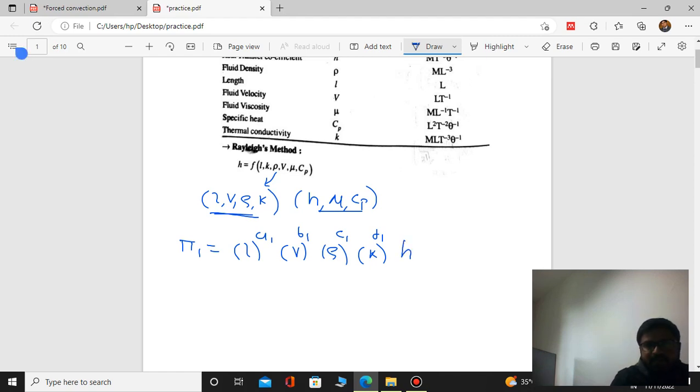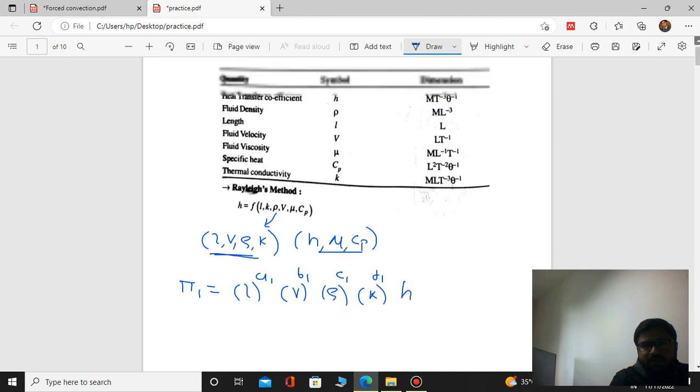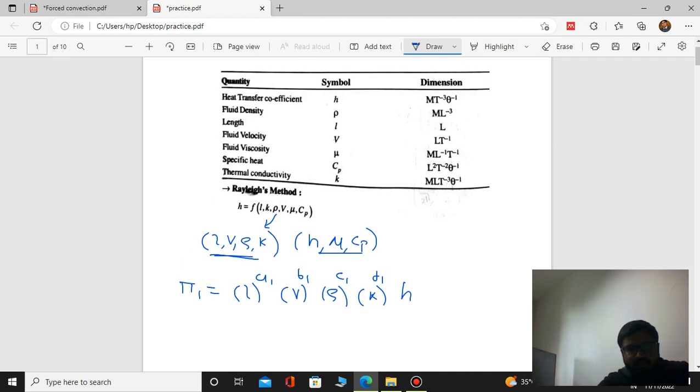Now after that we will convert all into MLT form, but before that, what will be the MLT form here? M0, L0, T0, theta 0. What is here? Here you will have to write L raised to A1. Now in place of V what we will have to write? LT minus 1, LT minus 1 raised to B1.